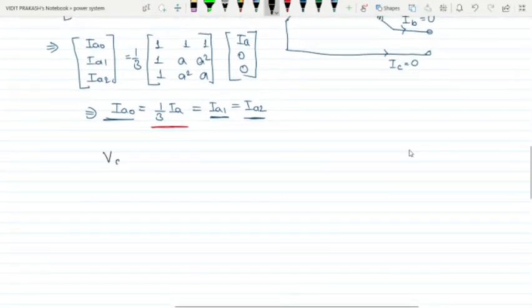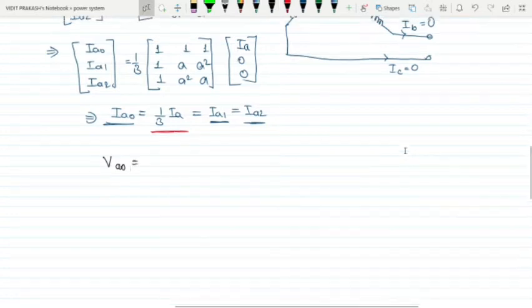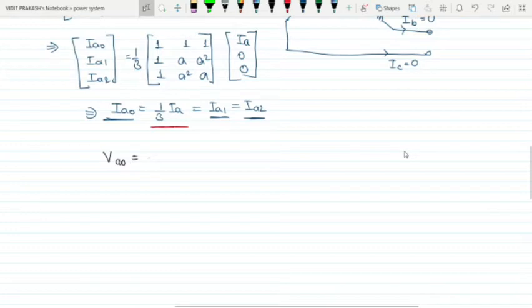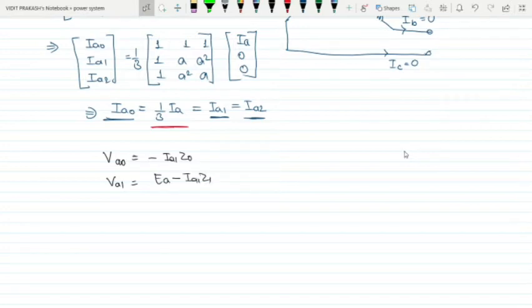Now what will be VA0? We have seen the symmetrical component circuit, right? So VA0 we will get minus IA0 into Z0, VA1 the positive sequence voltage, that we will get EA minus IA1 Z1, right? And VA2 we will get minus IA2 into Z2, right?